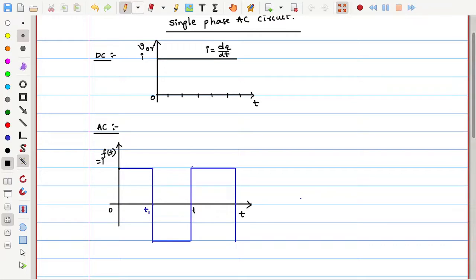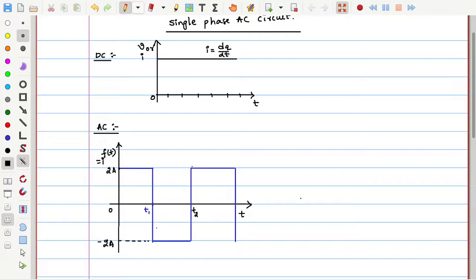Similarly, at some other instant t2, it suddenly changes from negative to positive. Let us say for example it is 2 amperes, and suddenly at the t1 instant it goes to minus 2 amperes, and at the t2 instant suddenly to plus 2 amperes. This is the change. Though it is constant from 0 to t1, at t1 it suddenly changes.